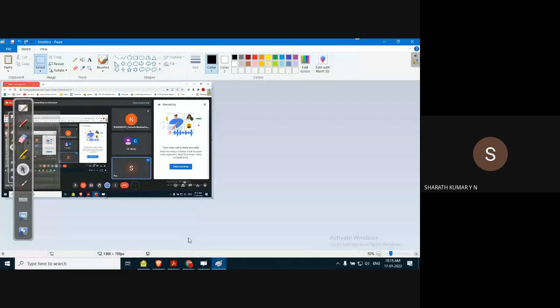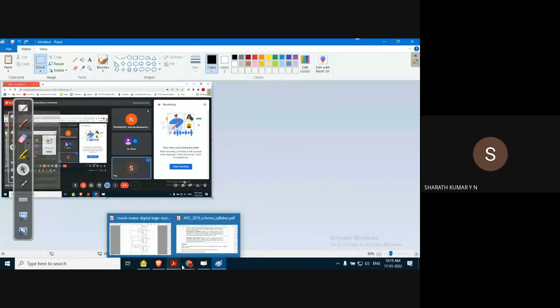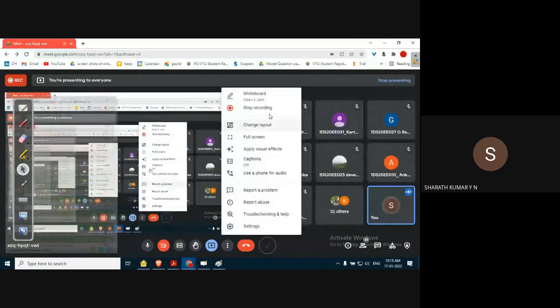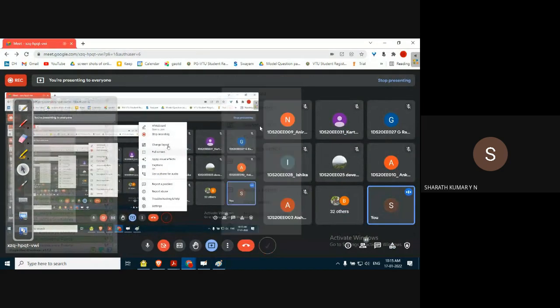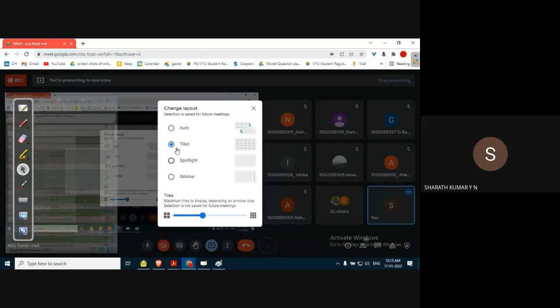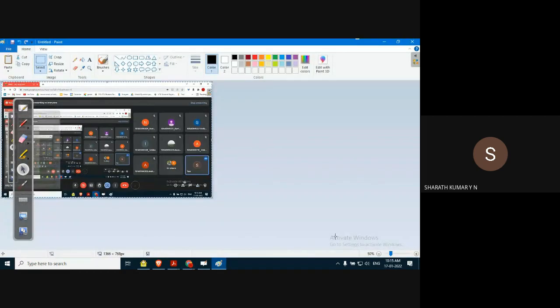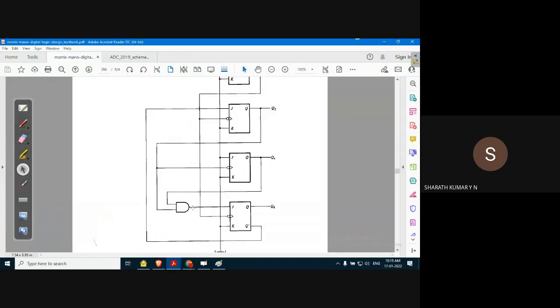I need to go to Paint. Here it is. I'll save it later. No problem. Maybe without this is better. I need to change the layout. It's already tiled, so more is possible. No, it's not possible. Okay. Here we go.